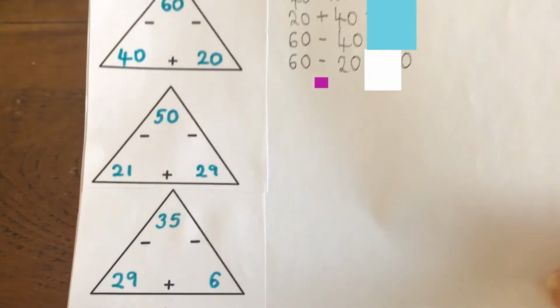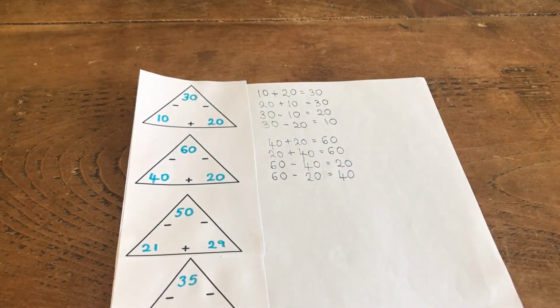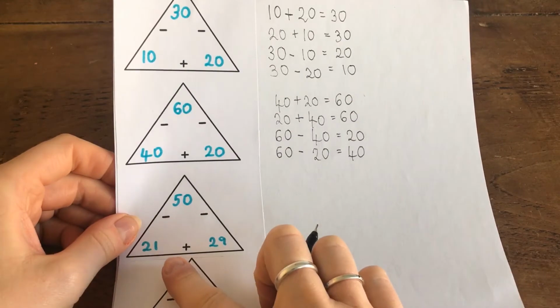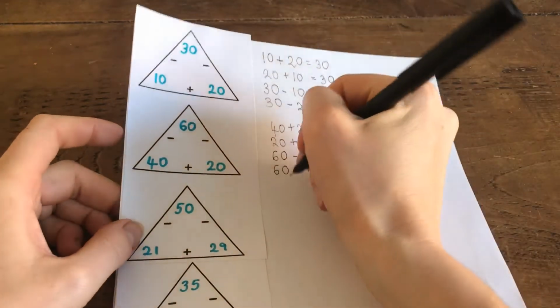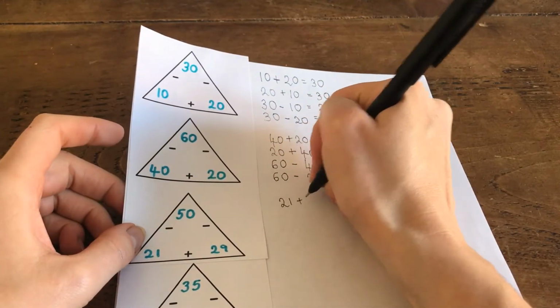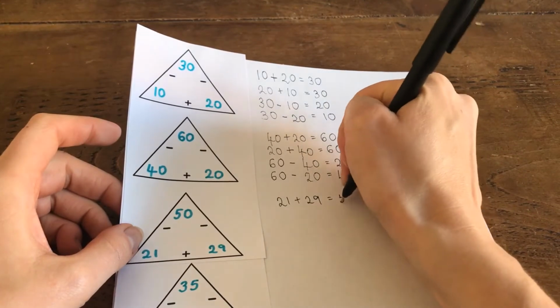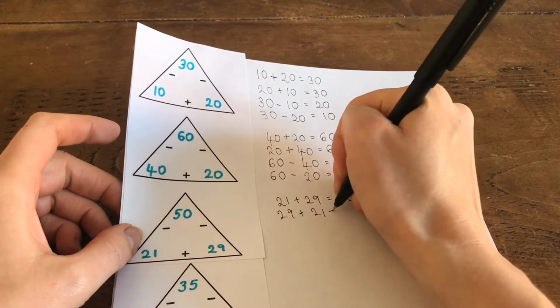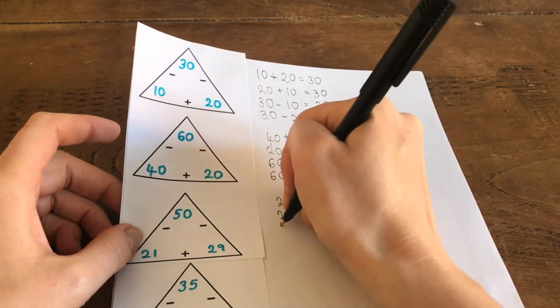Right, let's see if you got it right. So for this one, we need 21 add 29. I'm going to write these out really quickly so you can check yours. Give yourself a big tick if you got these right.